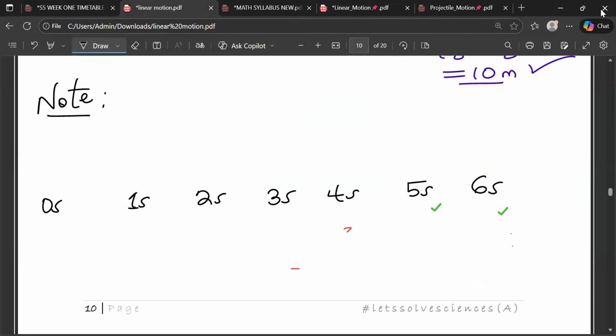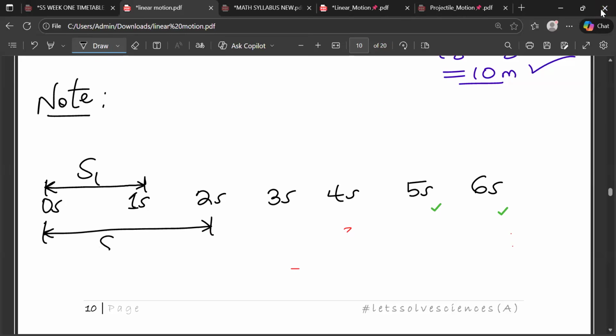The distance you travel up to that point is called the distance covered in the first second. You understand? Or for 1 second. The distance you cover in 2 seconds is this.